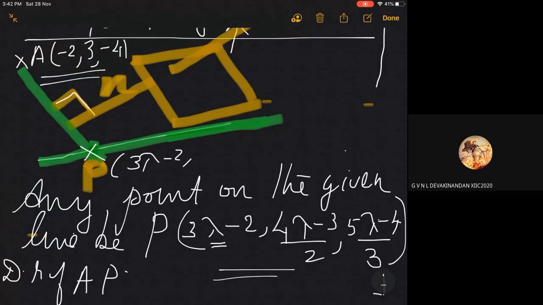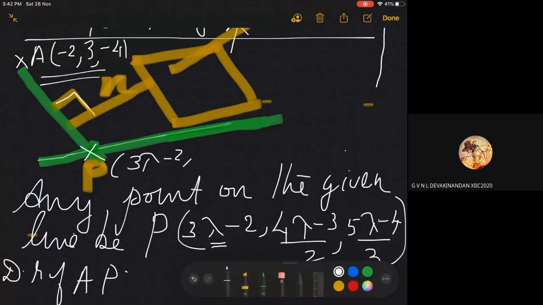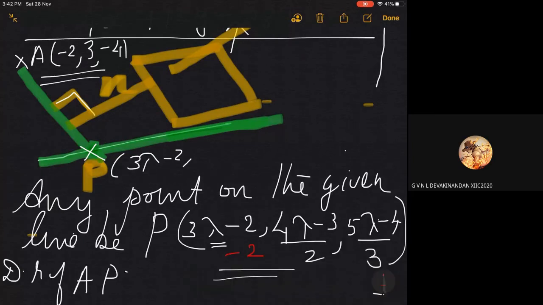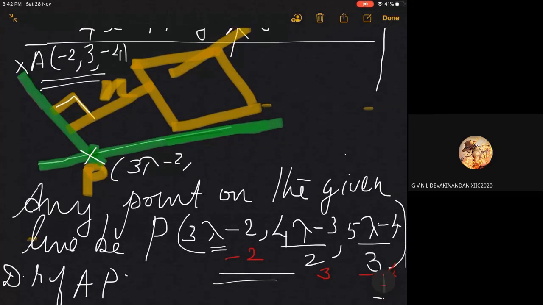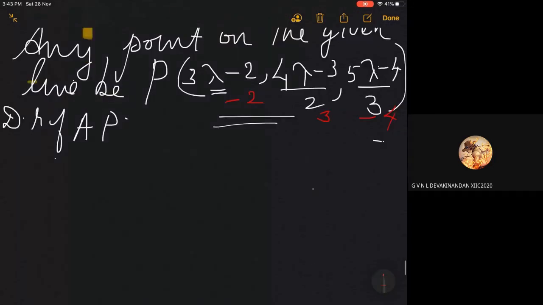Just to not make a mistake, I am writing here the coordinates -2, 3 and -4, so that you don't have to look back and forth. So the direction ratio of AP will be 3 lambda minus 2 minus (minus 2). You have to find the difference between the two. So you'll get 3 lambda minus 2 plus 2, that is only 3 lambda.